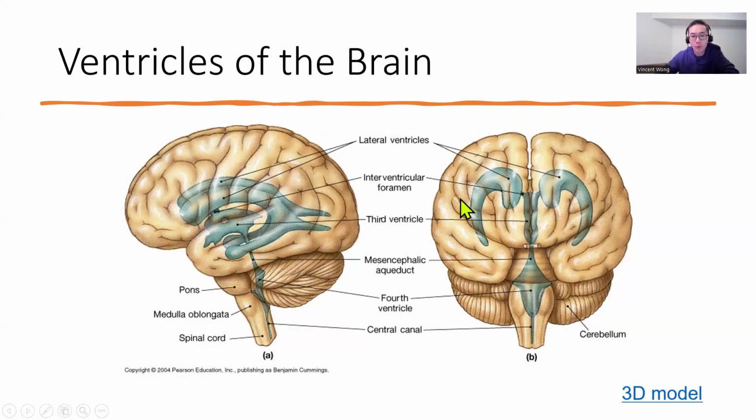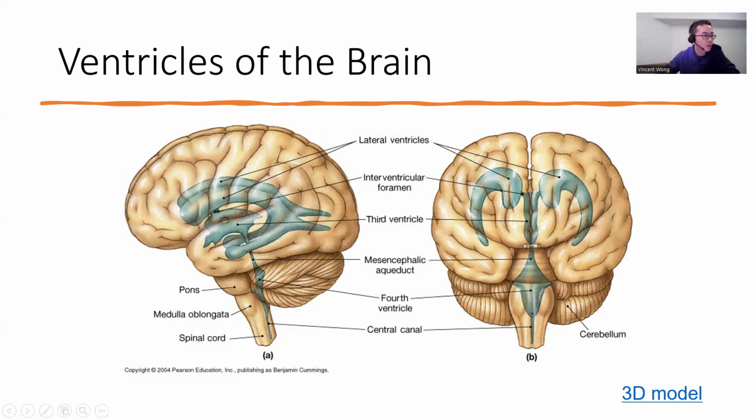And those would be the lateral ventricles. There's no one or two. We just call them lateral ventricles. One on the left and one on the right. And we're looking at this from the front. And then there is the third ventricle and the fourth ventricle. If you look at it on the side, you can see it's a C-shaped structure that forms the horn-looking thing. And then it's a little bit pointy at the end.